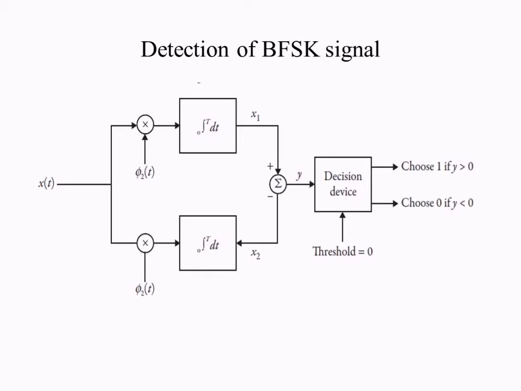That y is given to the decision device where we have fixed a threshold equal to 0. So it will decide as 1 if y is greater than 0, and it will decide as 0 if y is less than 0. As we have seen till now in BPSK and QPSK, it is similar to that block diagram. Okay, thank you.